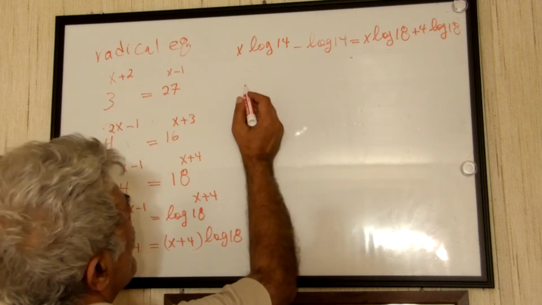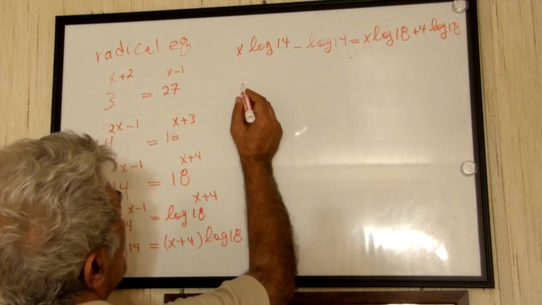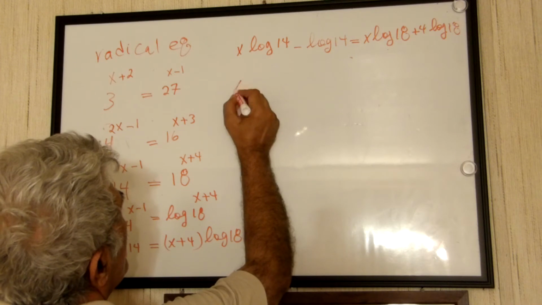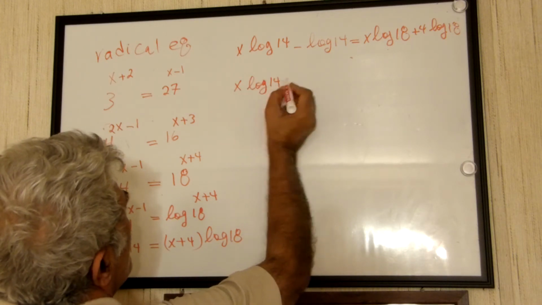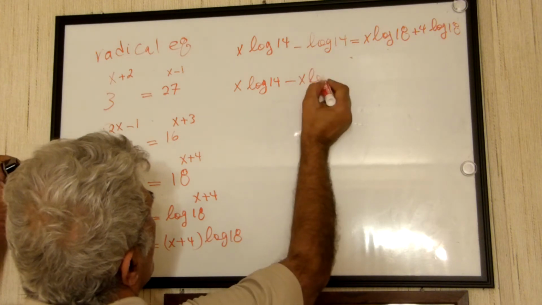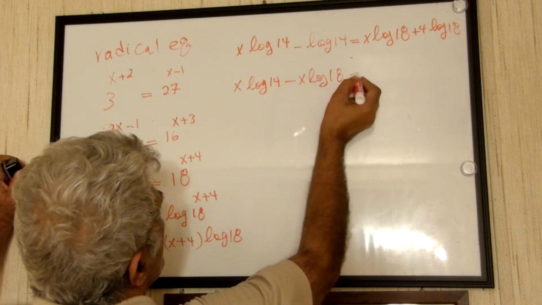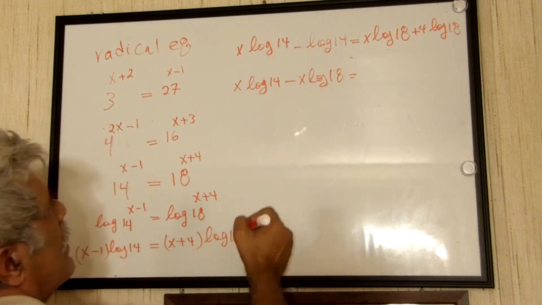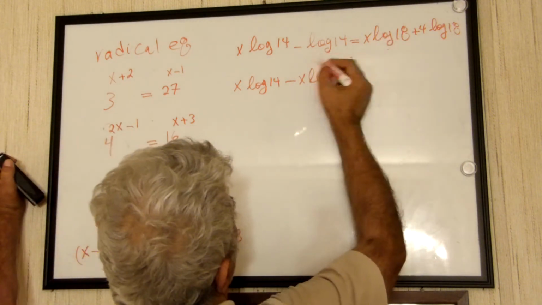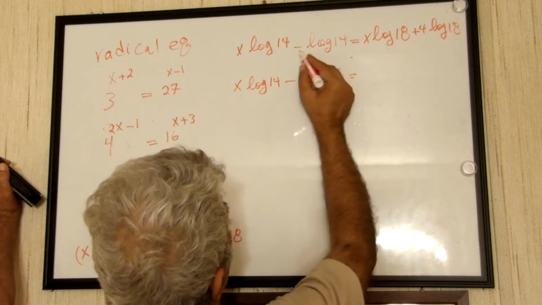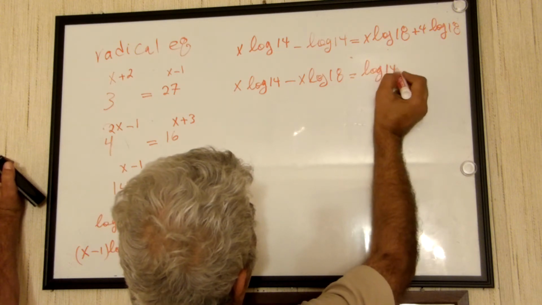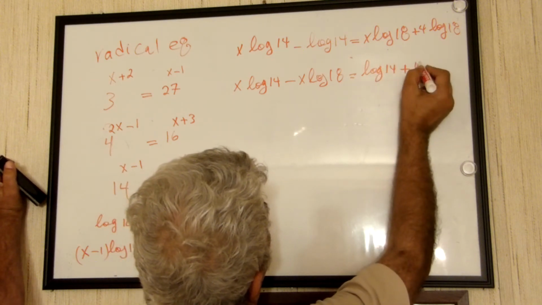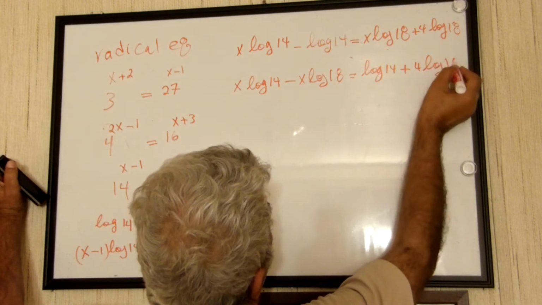If we bring it here, x log 14 minus x log 18, because we bring this one this side, and this one will go the other side, and so the negative is going to change to positive. So log of 14 plus 4 log 18.